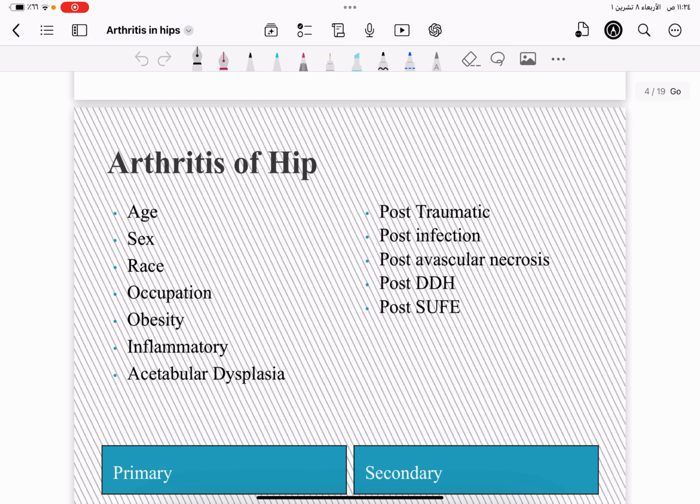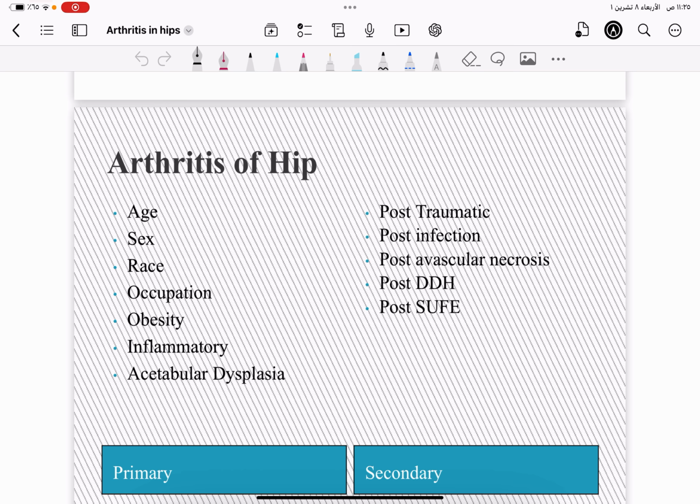Of course, degenerative changes always affect which joint? Which joint does arthrosis affect as opposed to rheumatoid?